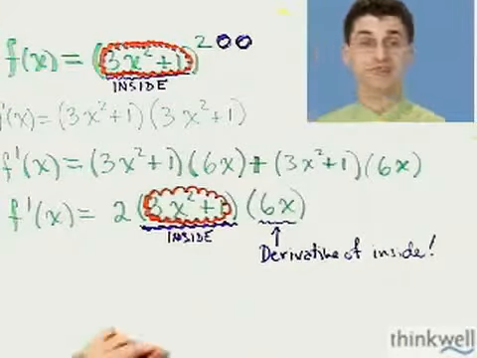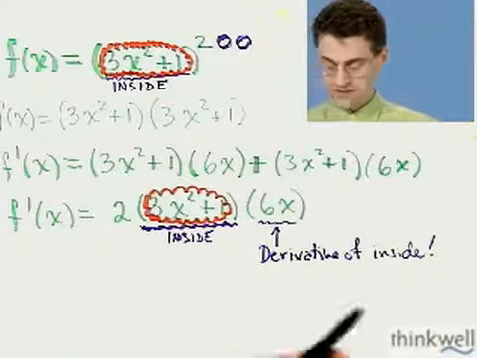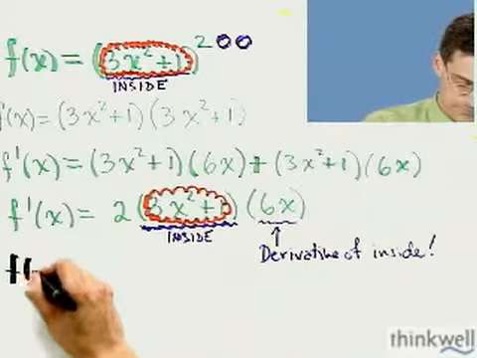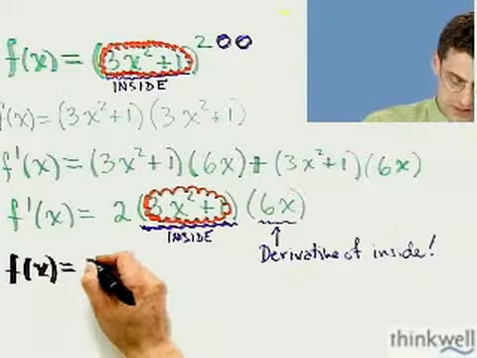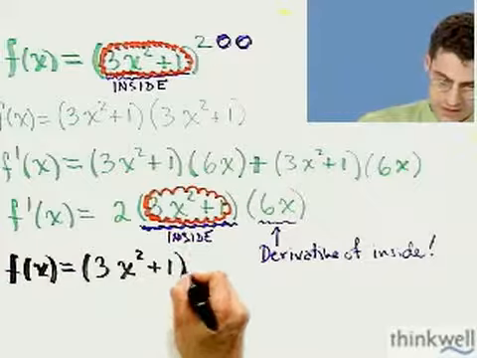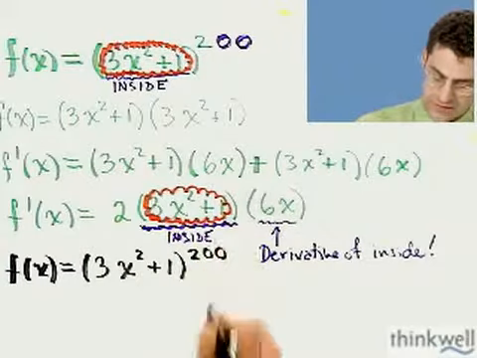So now let me see if we can examine that chain rule in the more elaborate question. That was the one I was supposed to ask a while back. And let me see if we can do this one now. So if we're going to take a look at f of x equals 3x squared plus 1 to the 200 power, I claim that we can take the derivative of this without using this product method. Because what I'm going to do is treat this as the onion, and I'm going to peel off the layers.